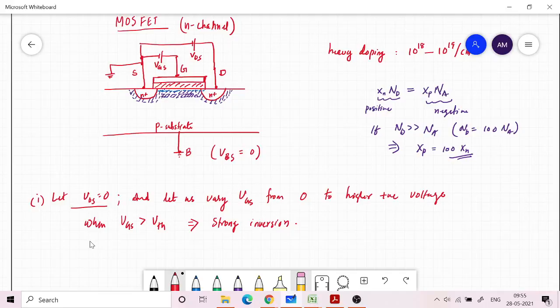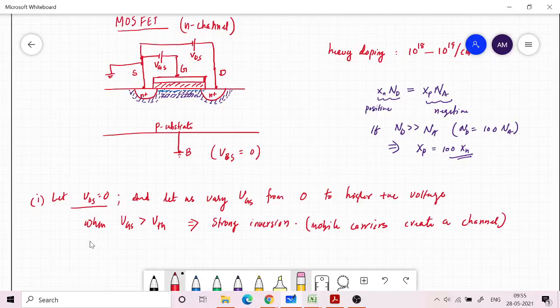But when VGS becomes greater than VTH, then strong inversion takes place, because of the availability of mobile carriers from left to right, which form the channel.